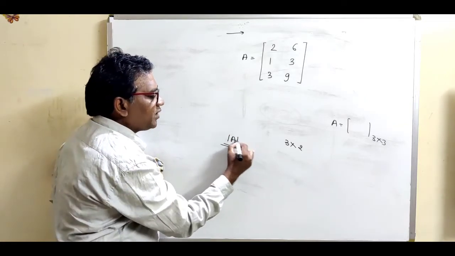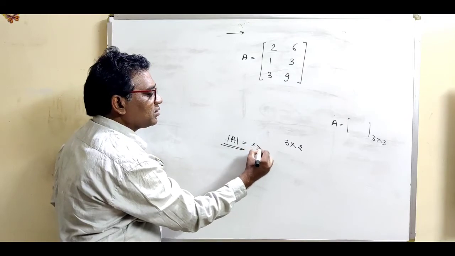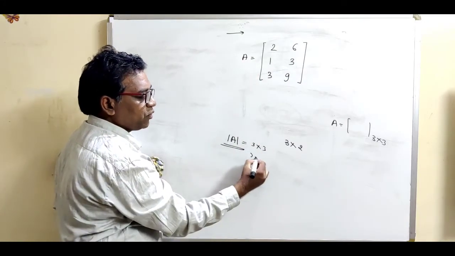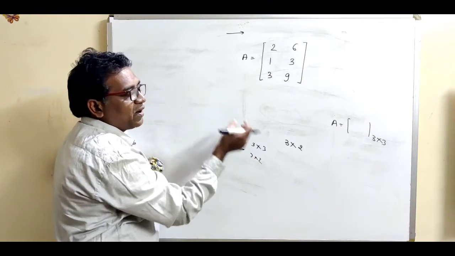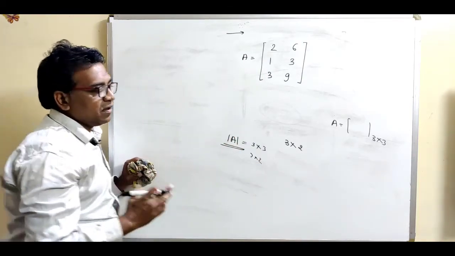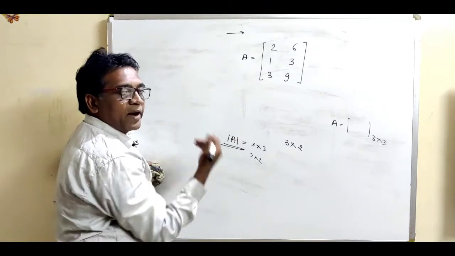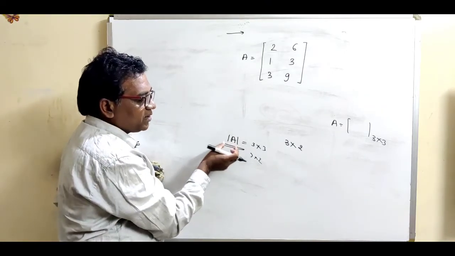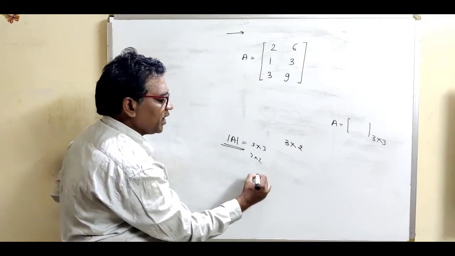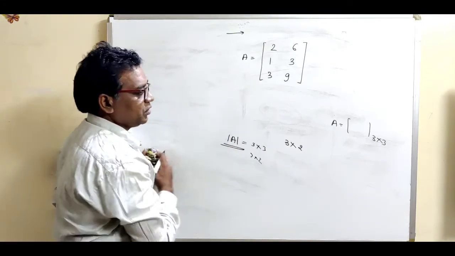So we cannot find the determinant of order 3 by 3, or of order 3 by 2 either. So let us find the determinant of order 2 by 2. We are not given a square matrix, so we take just a square submatrix and find the determinant of order 2 by 2.